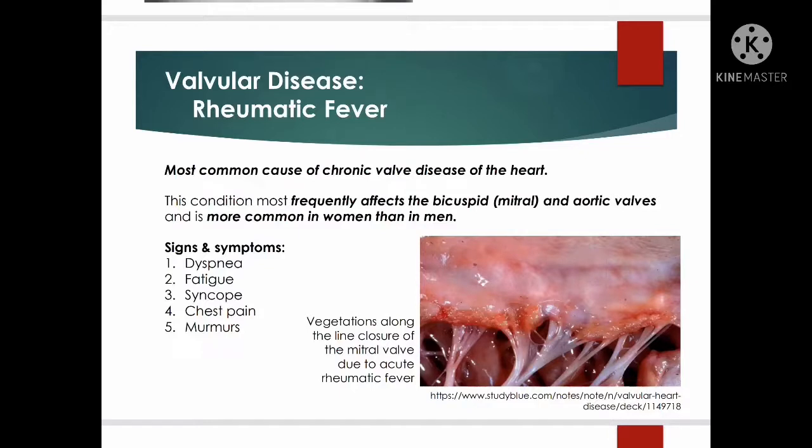It most frequently affects the bicuspid or mitral valve and the aortic valve. It is more common in women and it produces inflammatory changes within the connective tissues. It may also result in stenosis, insufficiency, or incompetency. Rheumatic fever has an audible distinct heart murmur.